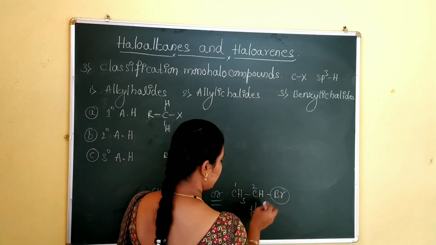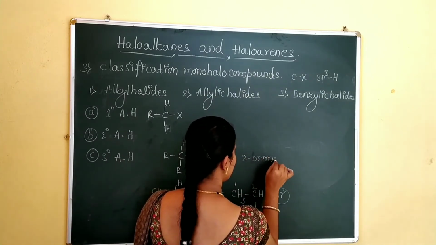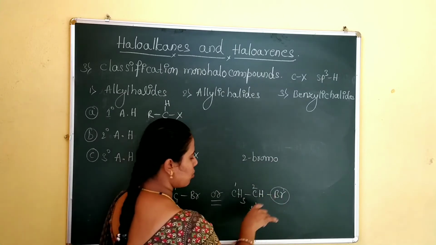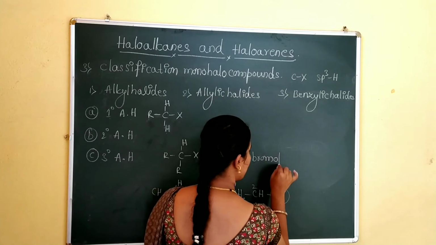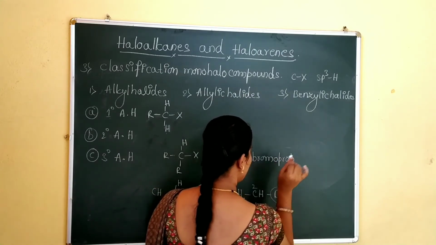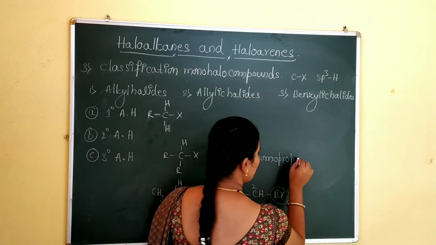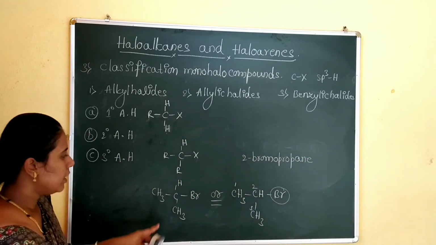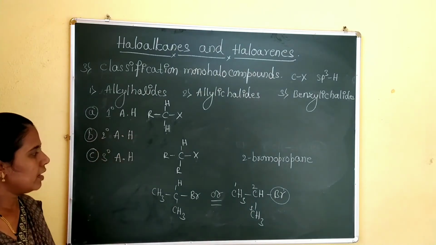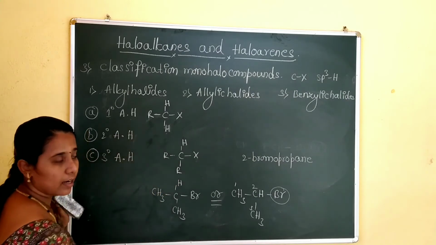The name of this compound is 2-bromo. The substituent group is bromine, and prop is the root word. It contains carbon-carbon single bonds. Therefore 2-bromopropane is the name of this compound. It is an example for secondary alkyl halide, and this is the general representation for secondary alkyl halide.